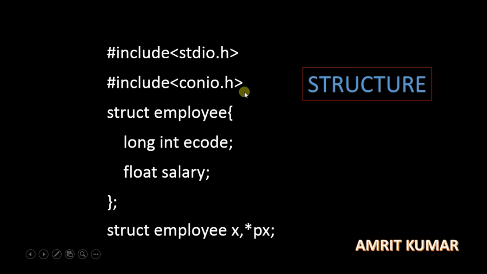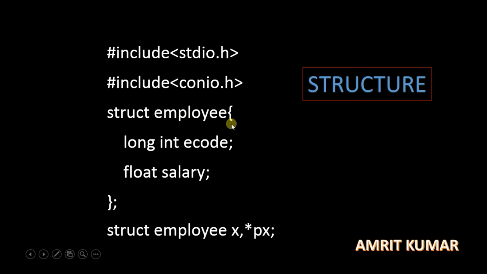After the declaration of these two header files, I am declaring our own data type, that is the structure, with the reserved keyword struct, struct employee. So I am creating the structure, our own data type, employee.